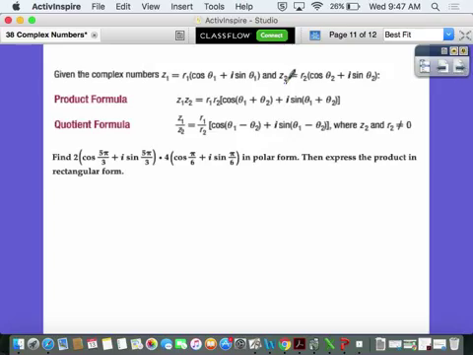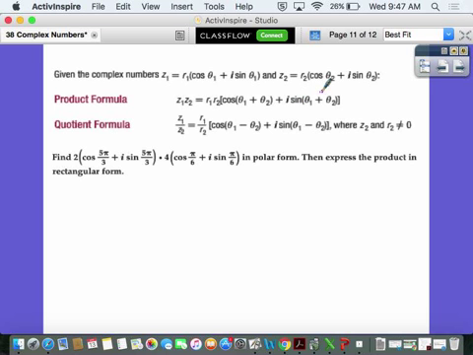Product means multiplication, so you're literally multiplying these two complex numbers together. When you do that, you multiply your r's together and you add your thetas. It's still in the same format of r cosine theta plus i sine theta.